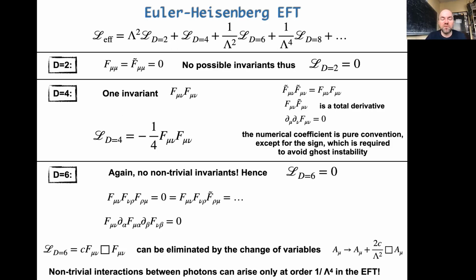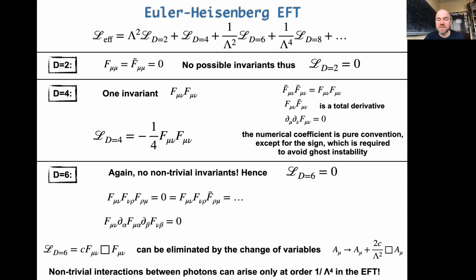For example, if you try to put three field strength tensors F mu nu together and contract the Lorentz indices, you find that this is 0. This is maybe not completely trivial, but the first two F's actually form a symmetric tensor, and then you contract it with an antisymmetric tensor, and you get 0.